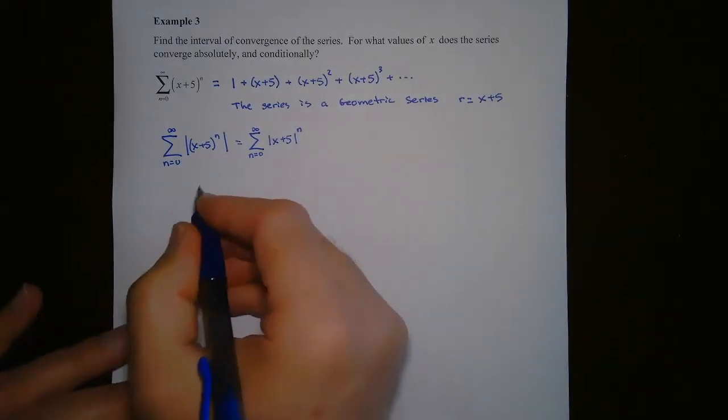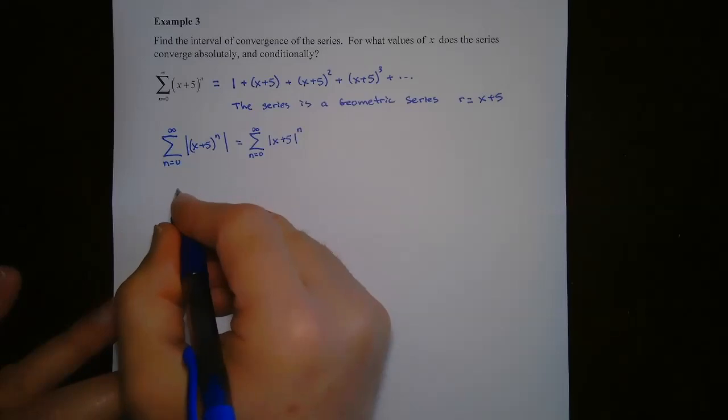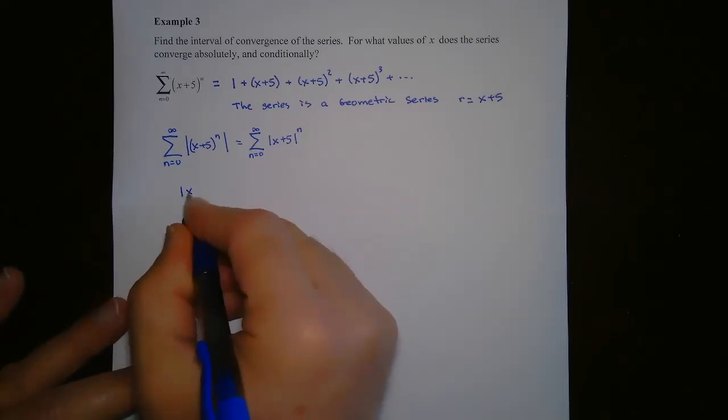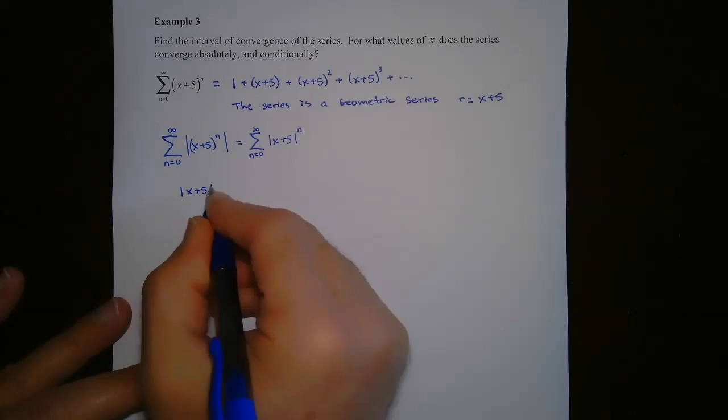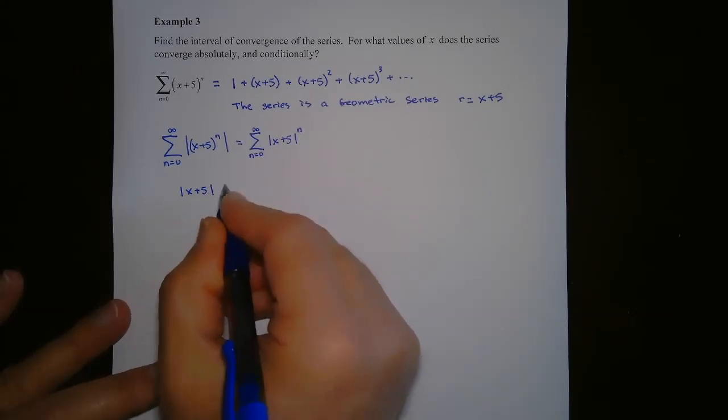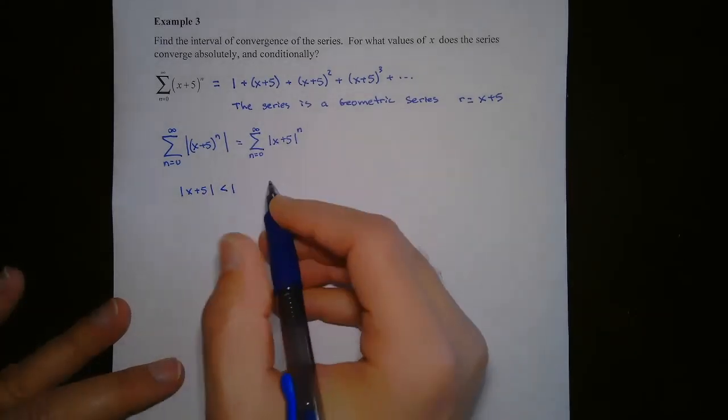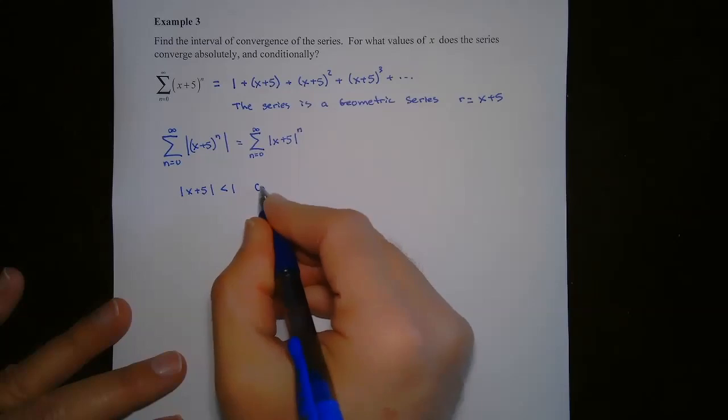So we know that it converges absolutely when the absolute value of x plus 5 is less than 1. We know the series converges absolutely.